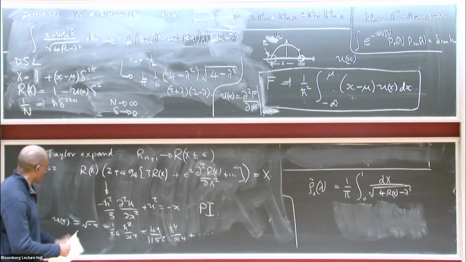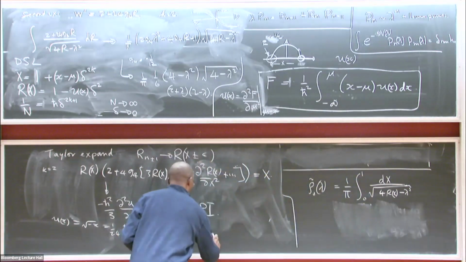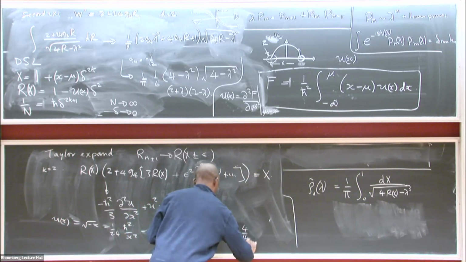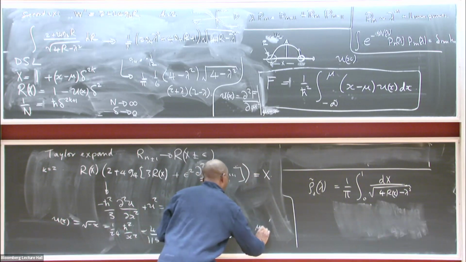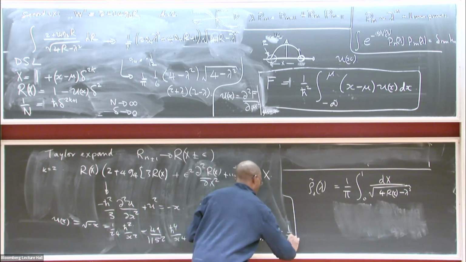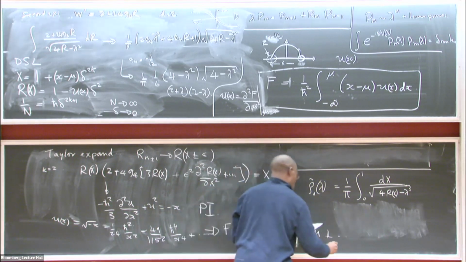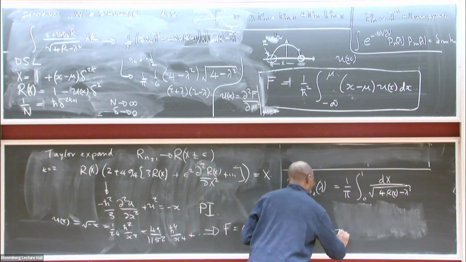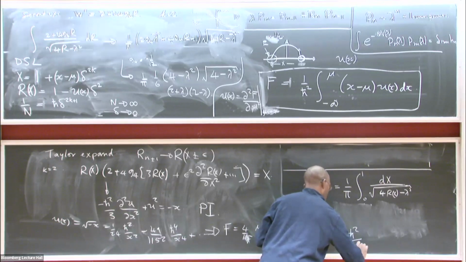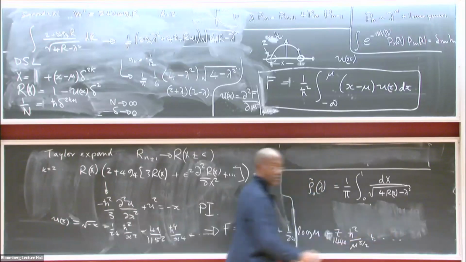So if I actually use this, integrate up, get F, it gives me the free energy. We get 4 over 15 mu to the 5 over 2 h bar squared plus, well, I don't need the rest right now, but what you hopefully will see is that you can just continue.